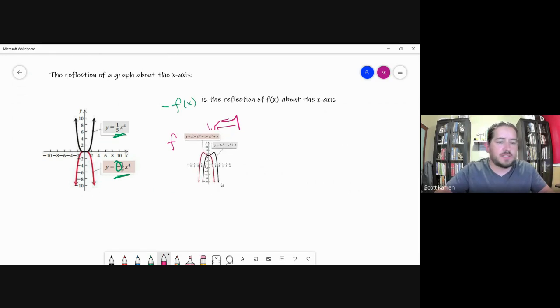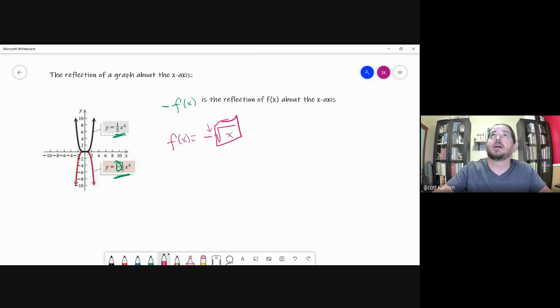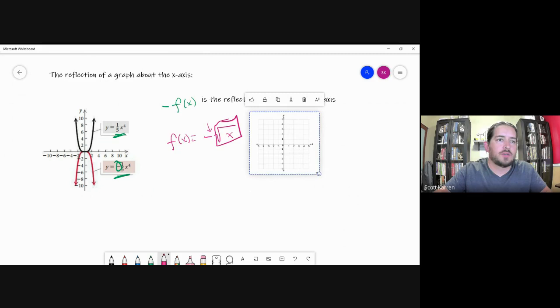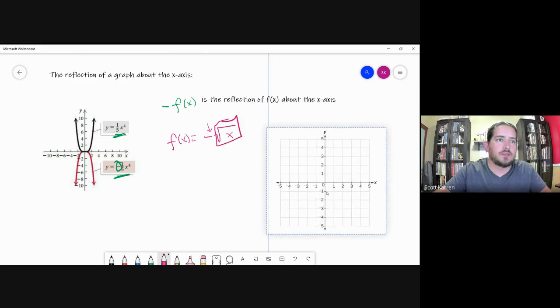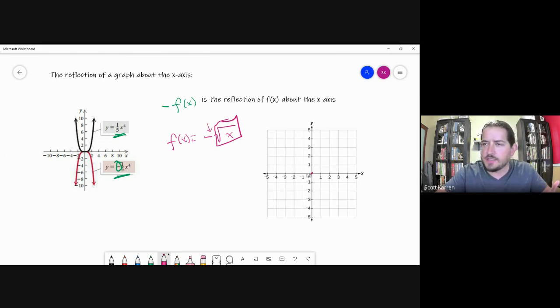If I want to draw this, all I have to do is know that I'm reflecting this about the x-axis. I know what the square root of x looks like. It starts at 0. The reflection about the x-axis, if you're at 0, is still 0. But instead of going up now, it just gets reflected.